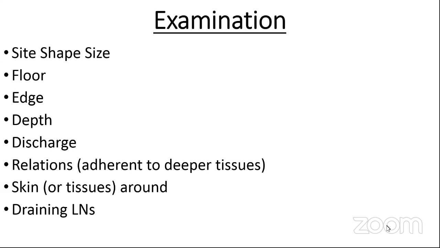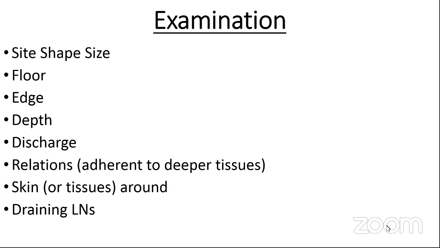If it is not healthy, then you will find dead tissues in the floor of the ulcer. The base is what you feel, whether it is situated over the tendons or over the bones. Then the tissues, skin around it, and deeper structures.